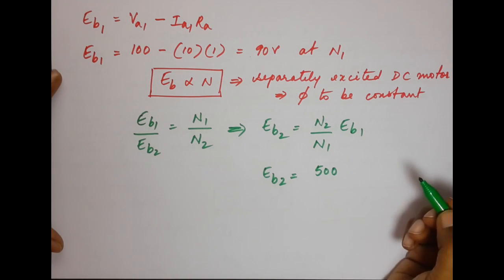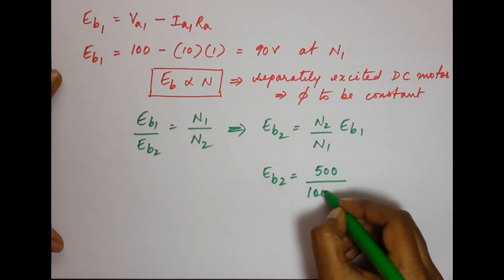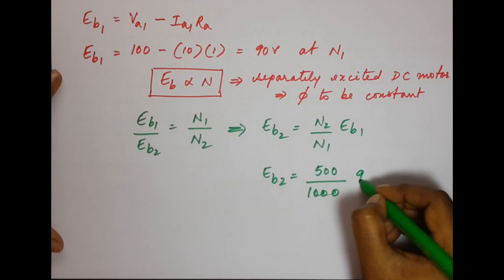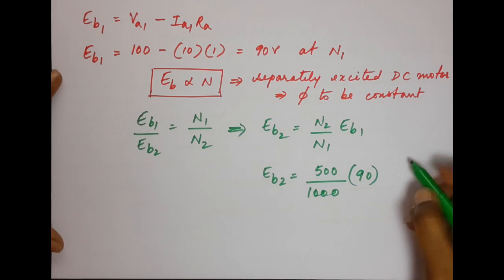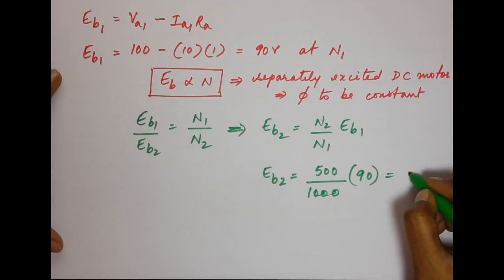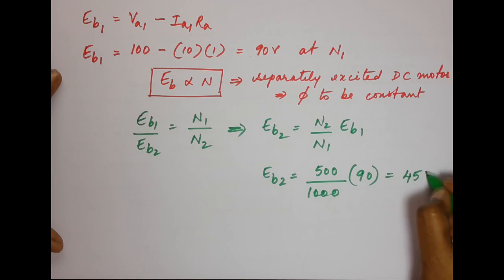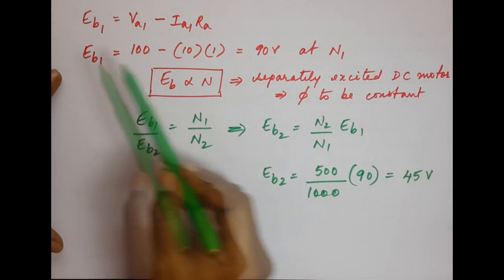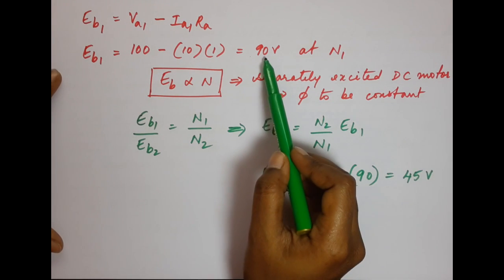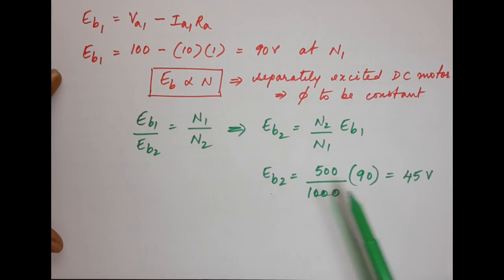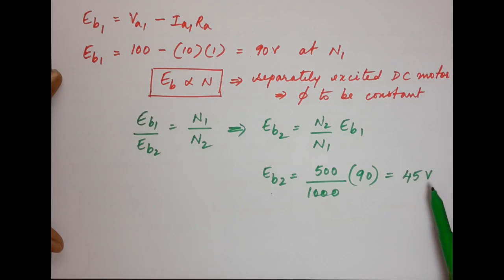It is the reduced speed 500 divided by 1000 into 90. Solving this, we should get a value of 45 volts. So EB1 at N1 is 90 volts, EB2 at N2 is 45 volts. So we now have our back EMF values and we have our speed values.